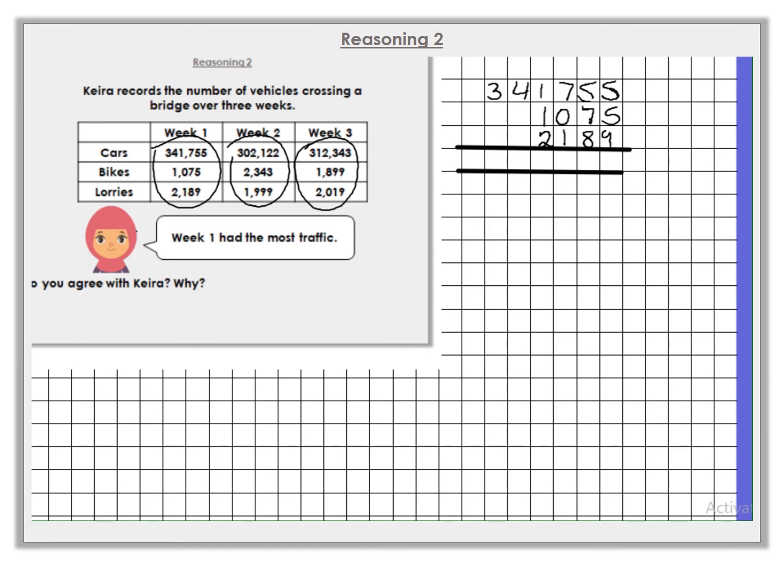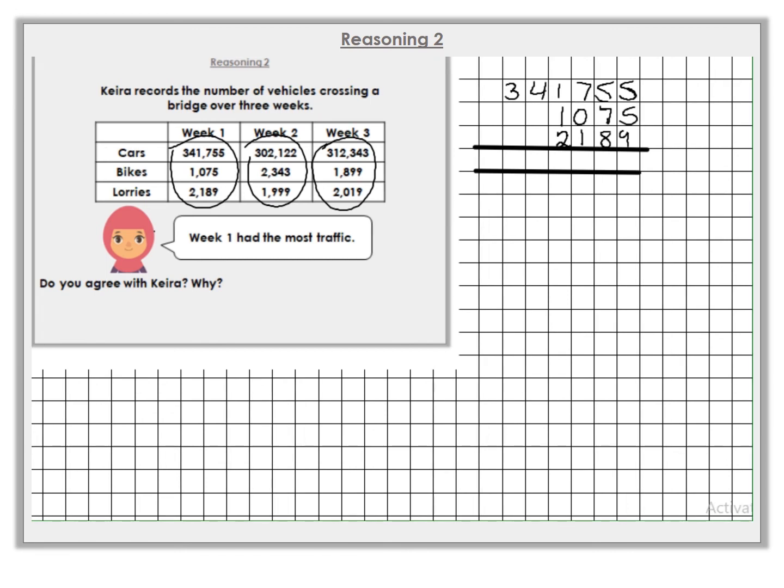Notice how my numbers are all lined up in the correct column so we don't get confused. It would just be useful here to have the addition sign here so that anybody who sees your work knows you're doing an addition sum. So 5 plus 5 is 10, plus 9 is 19.